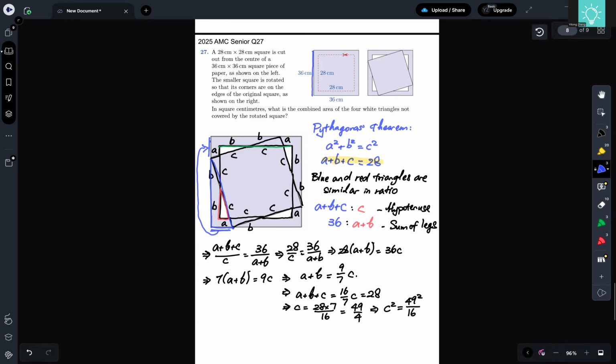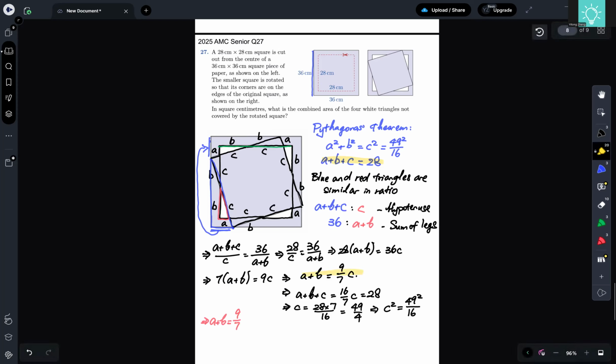I might make a mistake, but this is C squared. We now know this is 49 squared over 16. Okay, let's continue. A plus B. We have A plus B will be equal to 9 on 7C.